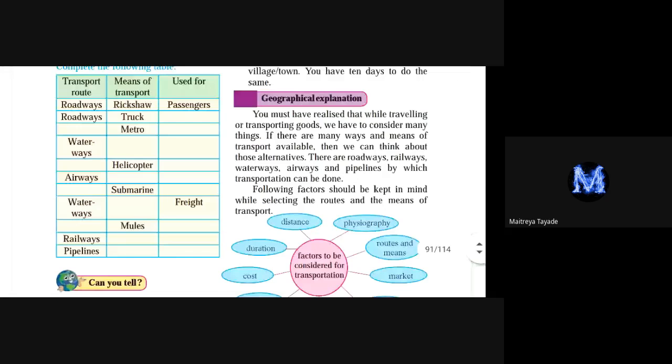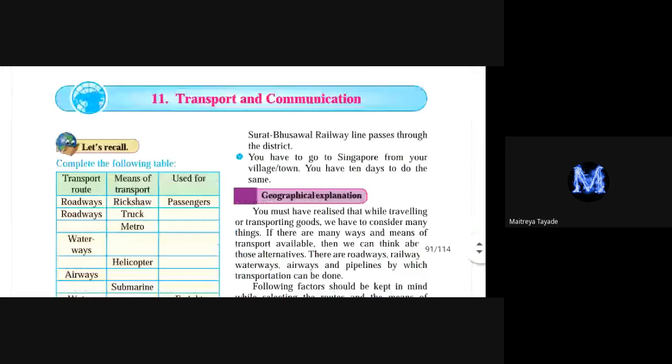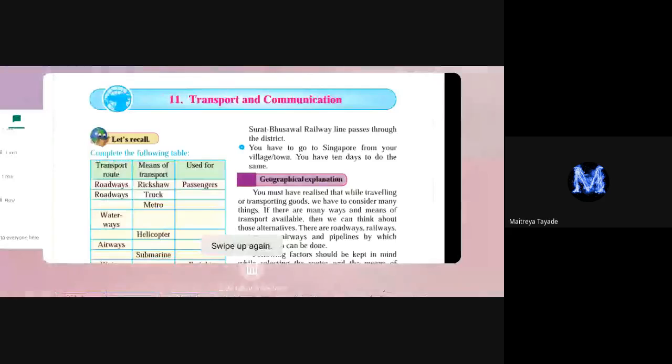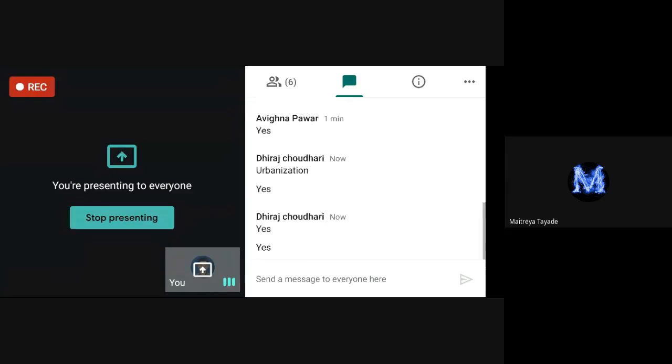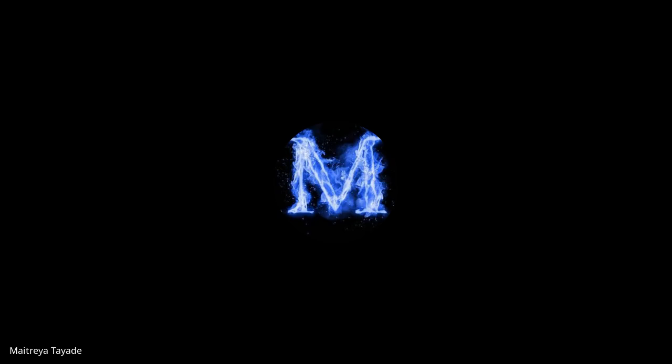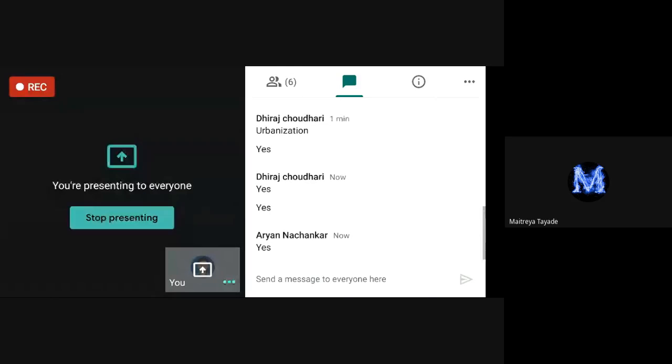Okay. So tell me if the screen is visible to you or not. What about other students? Only Dheeraj is saying that it is visible to him. What about other students? Aryan, okay.